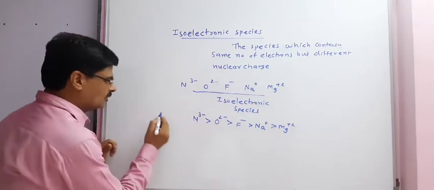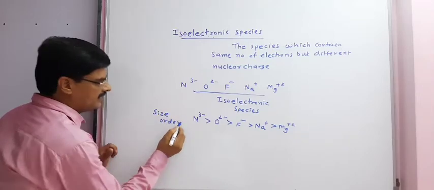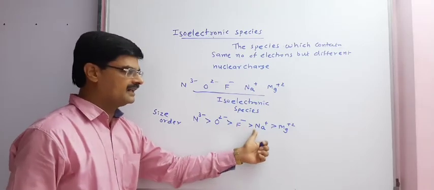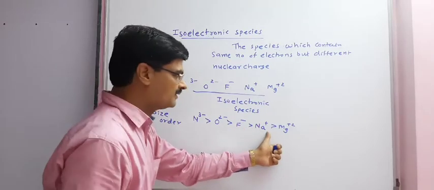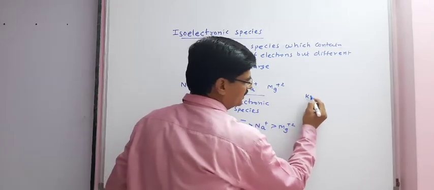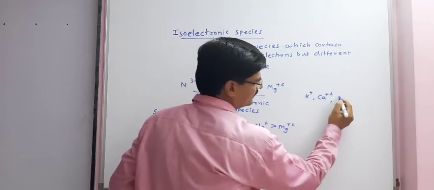So the size order is written as N3 minus greater than O2 minus greater than F minus greater than Na plus greater than Mg2 plus. In the same way we can compare the size of K plus and Ca2 plus.